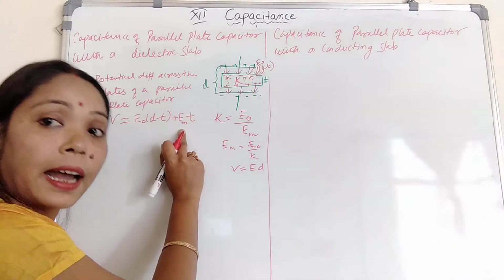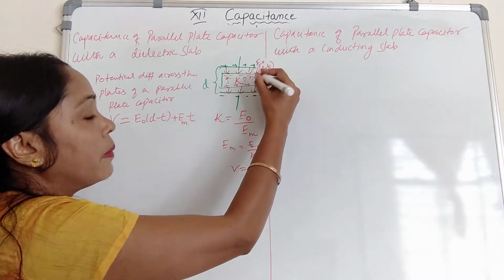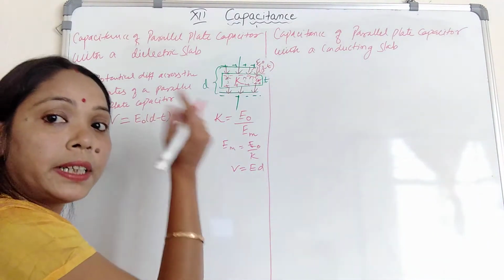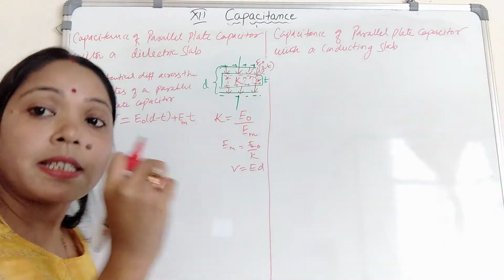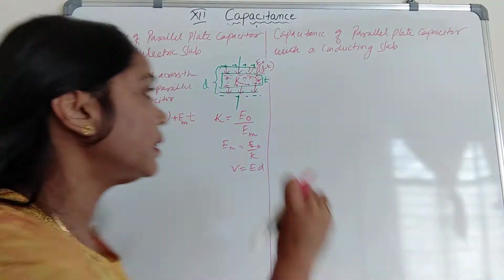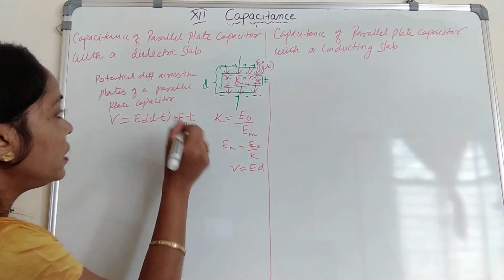E_m means the electric field in the dielectric medium, inside the slab. E_m into t, where t means the distance till where the medium is present, that is the thickness of the dielectric slab. So E_m into t.